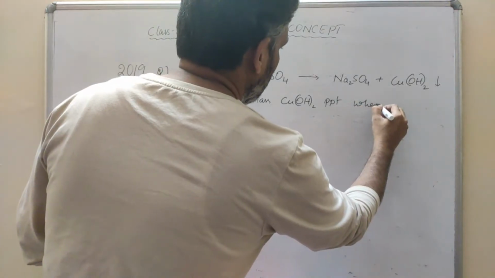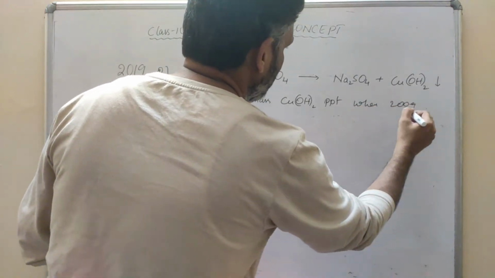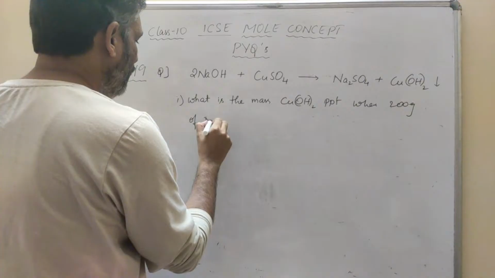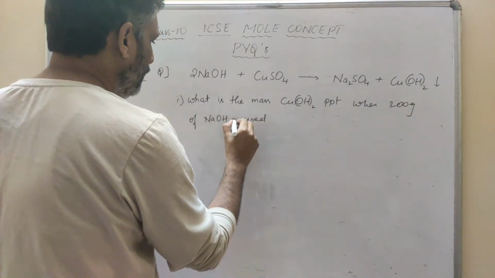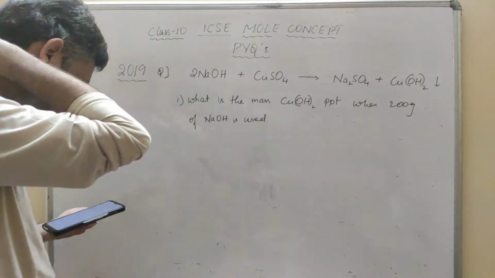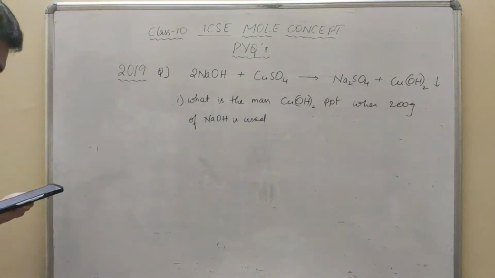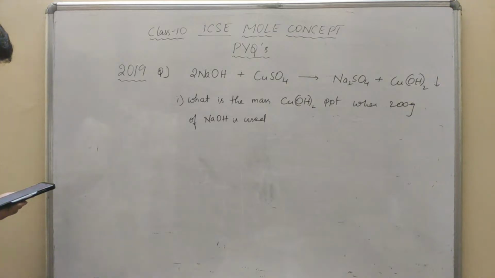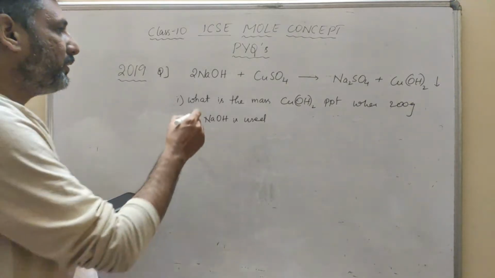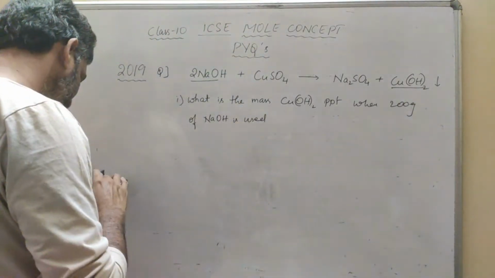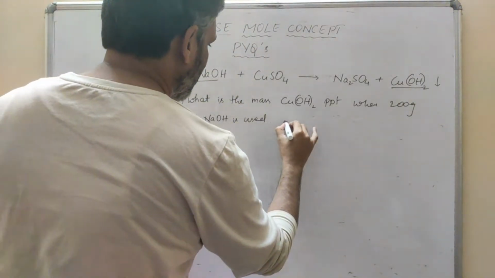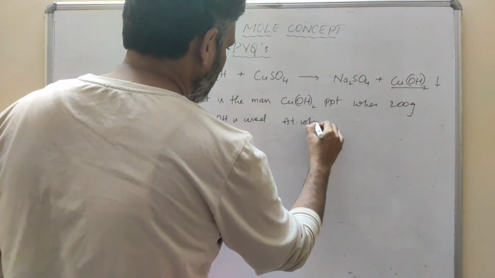When 200 grams of sodium hydroxide is used. In case you are using 200 grams of sodium hydroxide, what will be the mass of copper hydroxide precipitate formed? And atomic weights are also given.